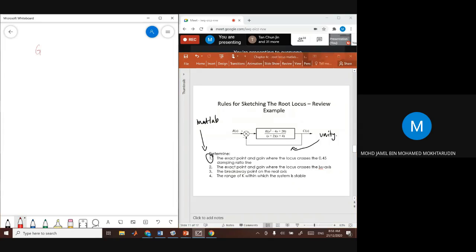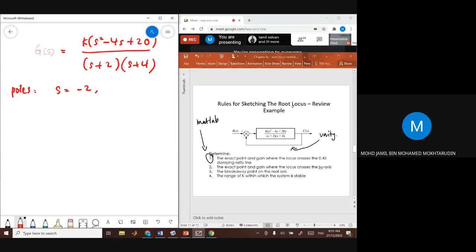Okay, so the transfer function G(s). The first step is to determine the poles. So the poles are S minus 2, minus 4. And then the zeros.